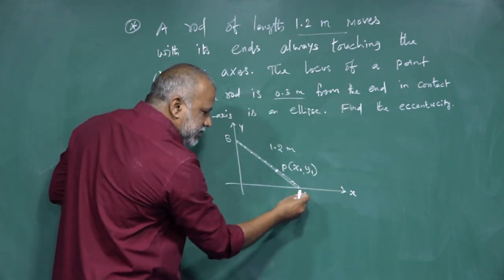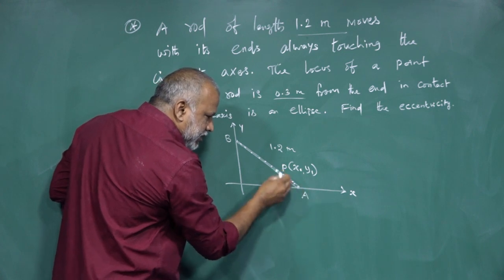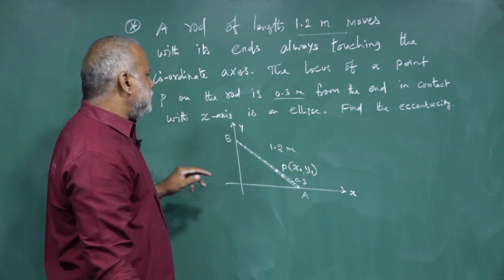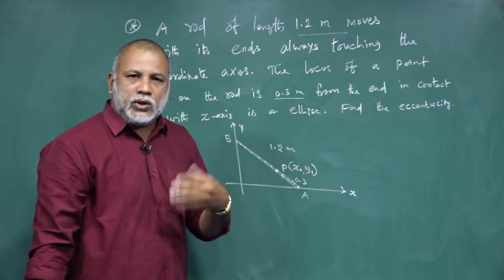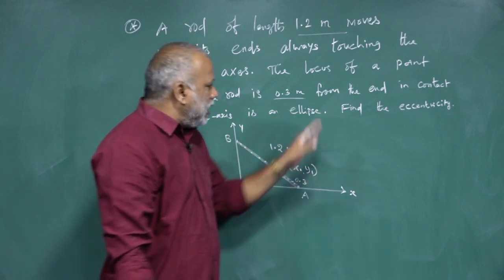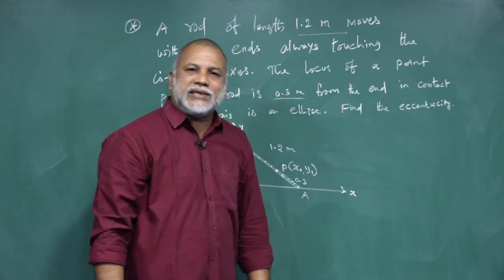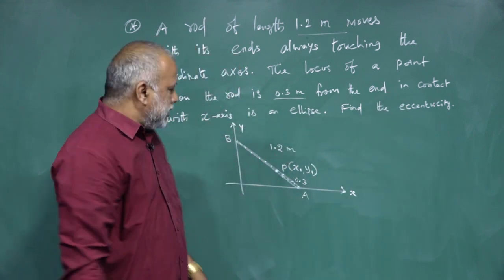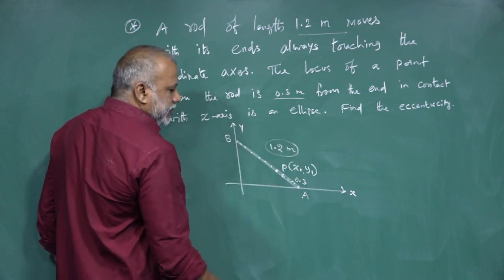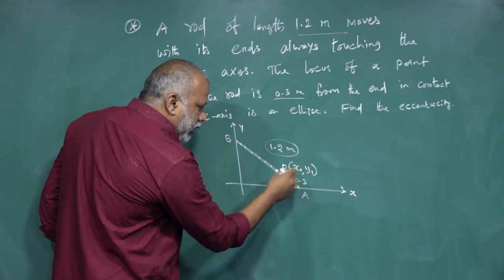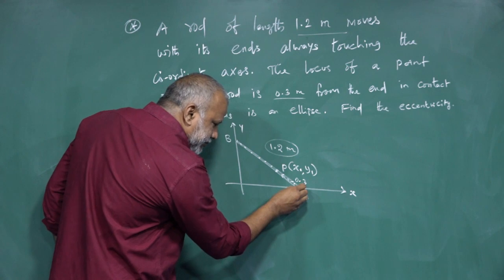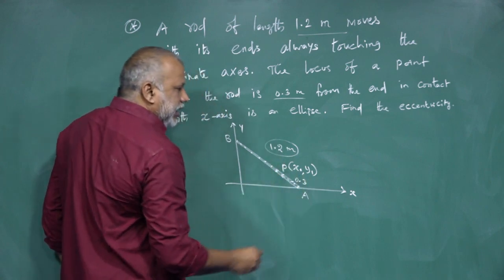Say this is the x-axis, the contact with the x-axis, this distance is given, this is 0.3 meter. It is an ellipse. We are going to work out the locus of this point and prove it is an ellipse. And also one more question: find the eccentricity of this ellipse. See, the rod's total length is 1.2 meter. A point P of x1 comma y1 is on this rod, from its end A to P is 0.3 meter.